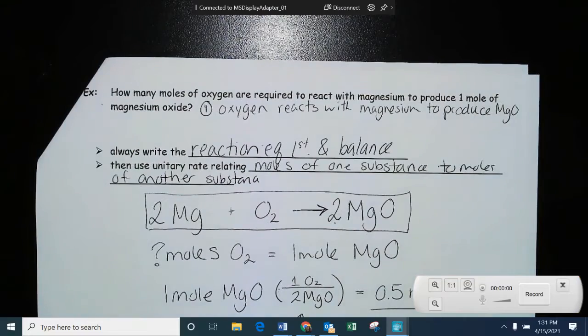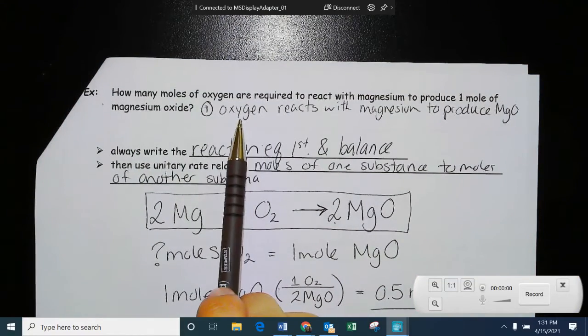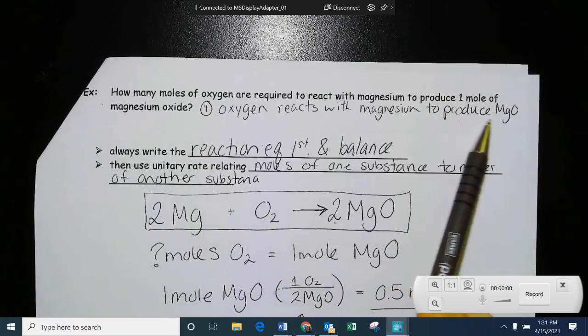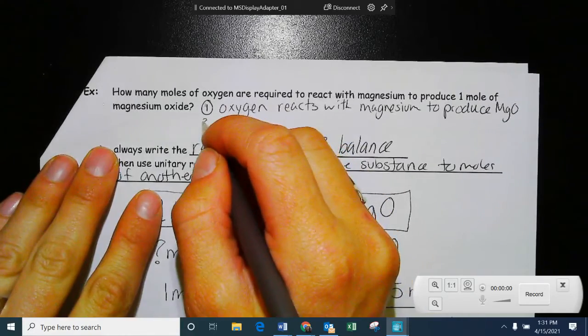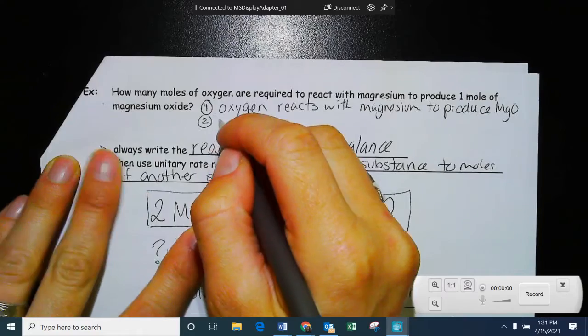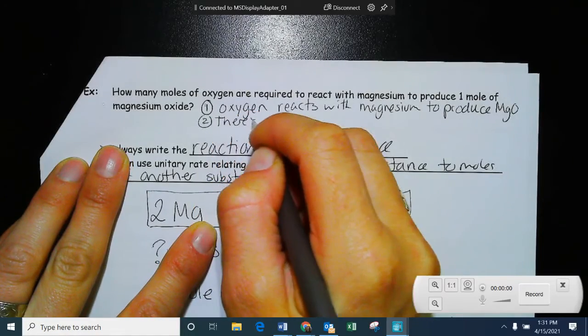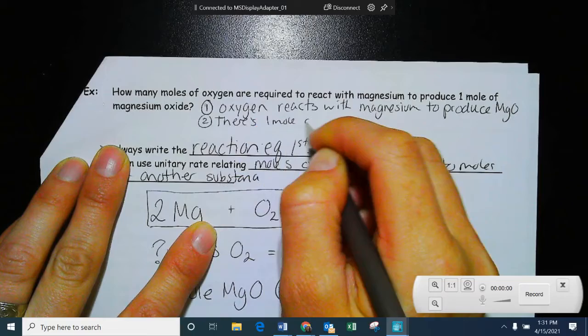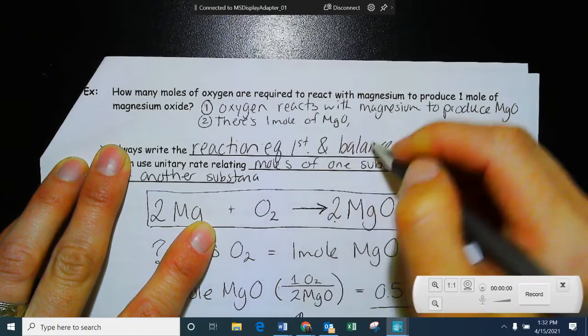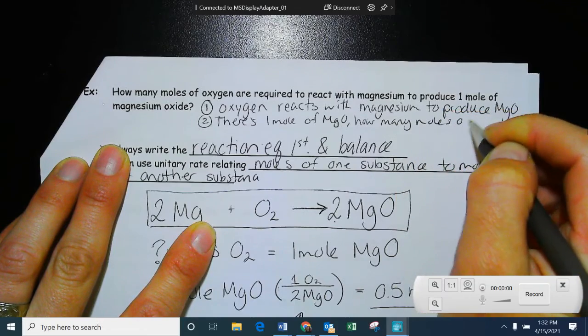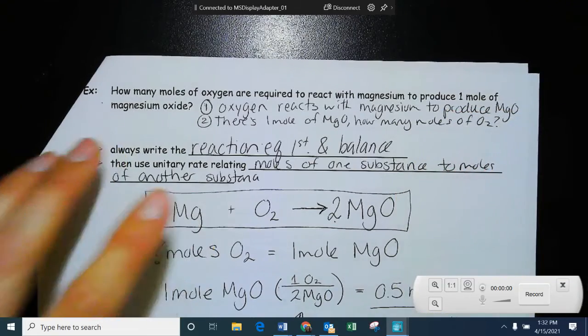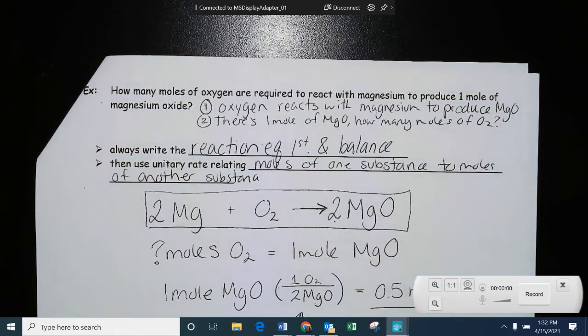So we just write that out and balance it, just like the last unit. And then the second part of the question is there's 1 mole of MgO. How many moles of O2 were needed?